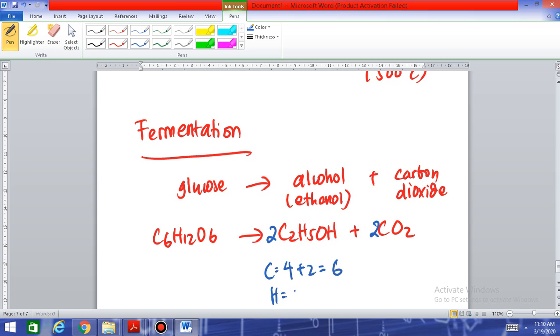For hydrogen atoms, 6 times 2, 12. And for oxygen, 2 plus 4, 6. Okay, it's balanced.